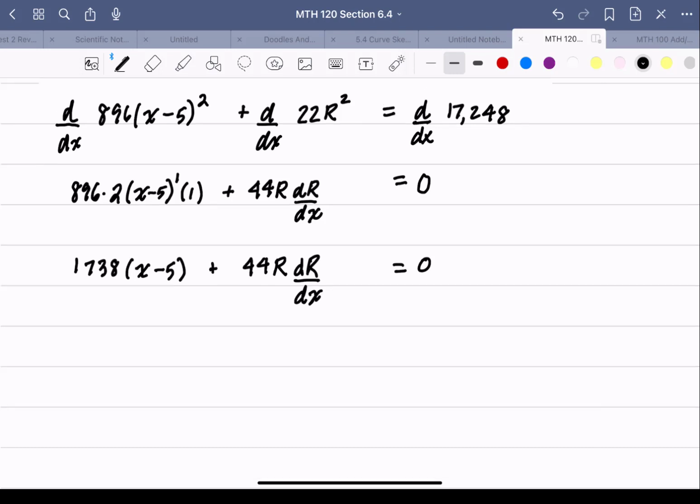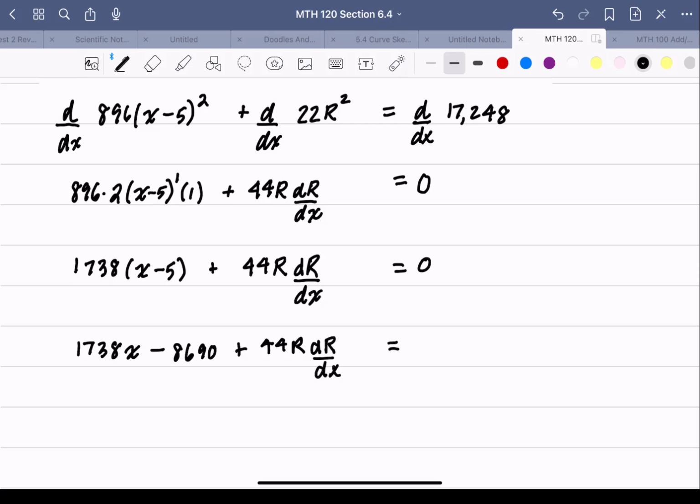So I'm going to go ahead and distribute: 1738 times x is 1738x minus 1738 times 5 is 8690, plus 44r, derivative of r with respect to x.